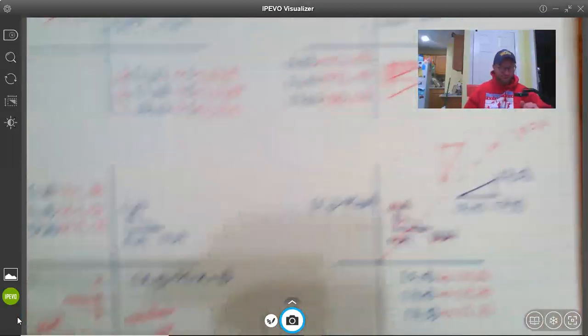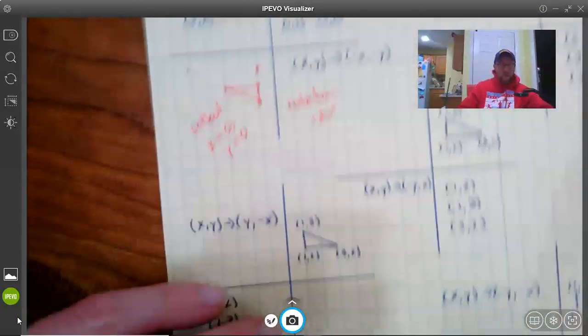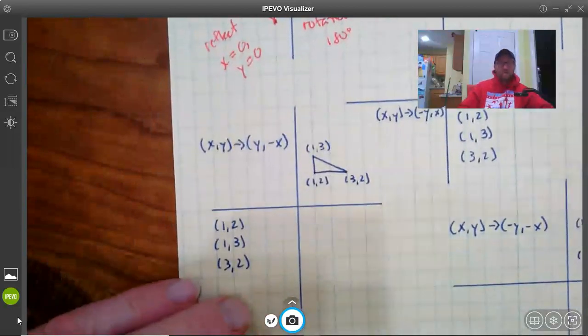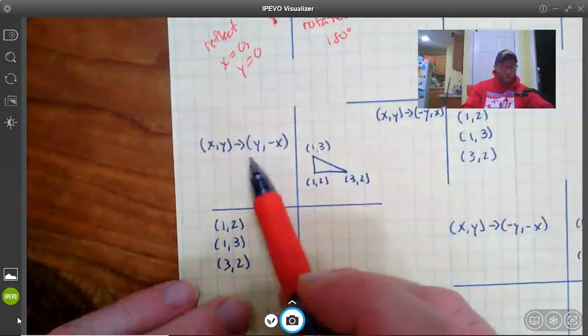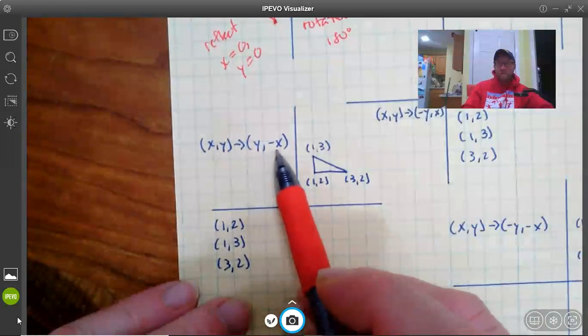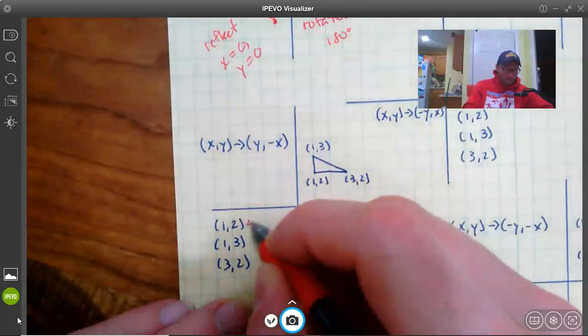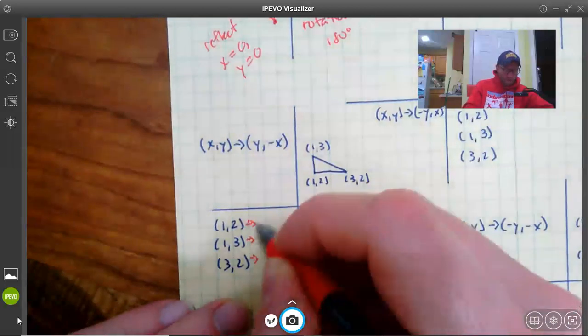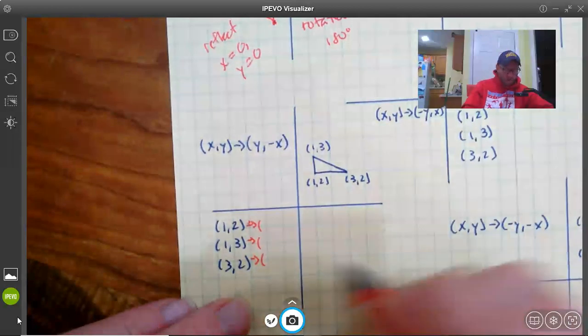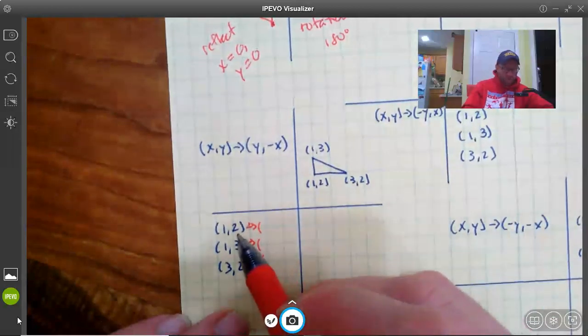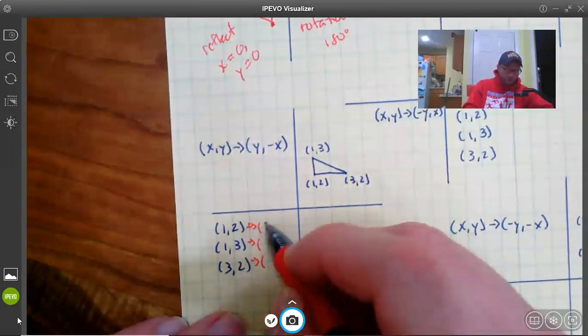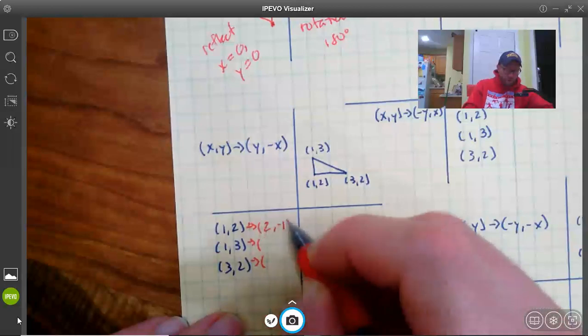All right, let's look at another one. Here, we are going to switch the coordinates again, but this time we're going to make the x negative after we flip. Okay? So this could be a little complicated. So let's see. The flipping, so it's going to become 2, 1, but the 1 is going to be negative.